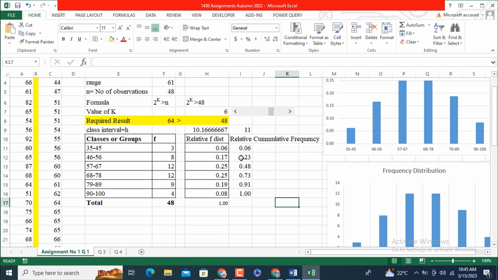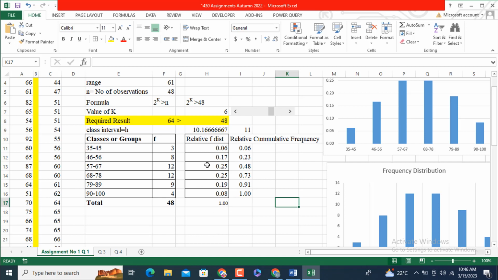So what will happen? The first value is kept as it is, and to each next consecutive value you add the previous ones. 0.06 plus 0.17 you will get 0.23, and 0.23 plus 0.25 you will get 0.48, and you will go on. You will keep this process until the last value, and you will see that the last value is equal to 1.